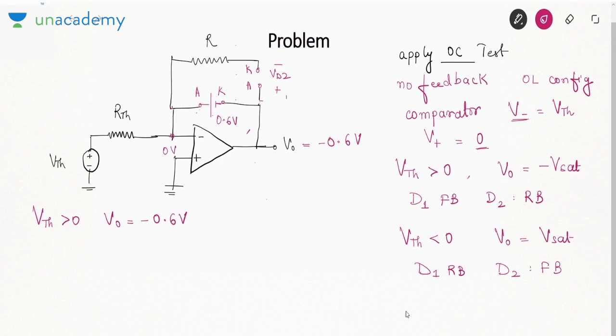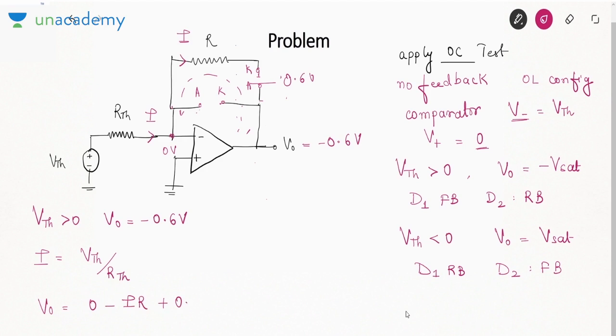Now in the second case, D1 is reverse bias but D2 is forward, so you will replace D2 by a battery. This is your negative feedback path. So you can apply virtual ground, 0 volt. What is the current I? I will be VTH by RTH. This current I will go here. So what is V0? 0 minus IR plus 0.6.